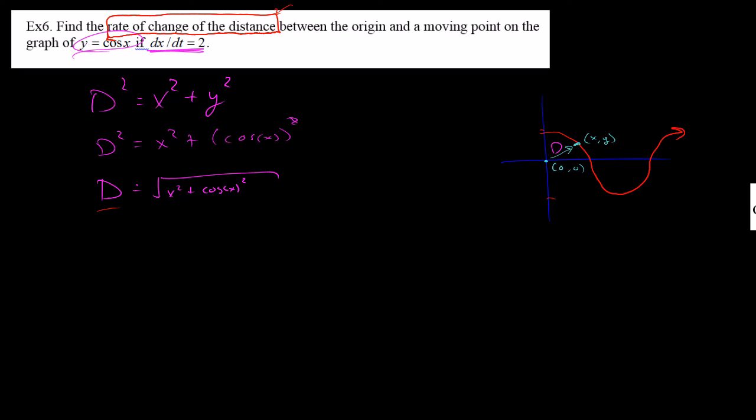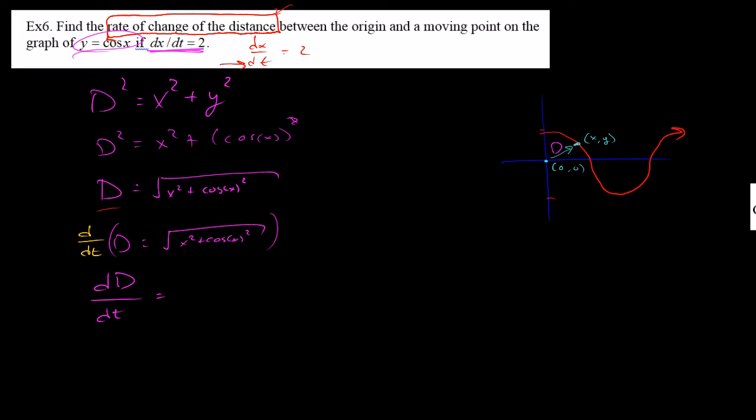And what are we looking for if we know dx dt is equal to 2? We know we're looking for in terms of time. So we're going to take a derivative of our whole darn thing, the square root of x squared plus cosine x squared. So if we take the derivative of d, we get dd dt.